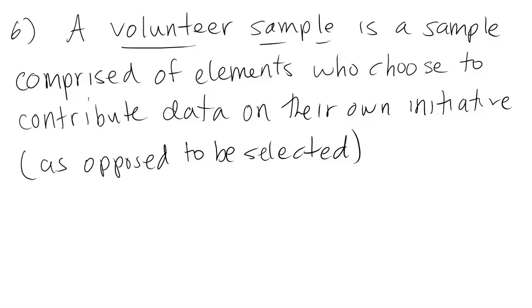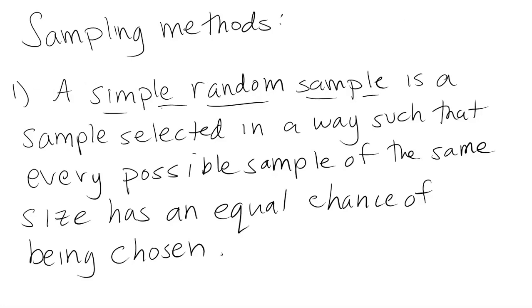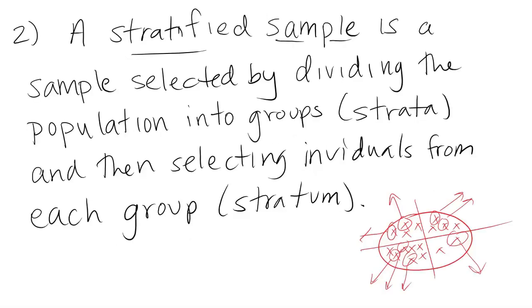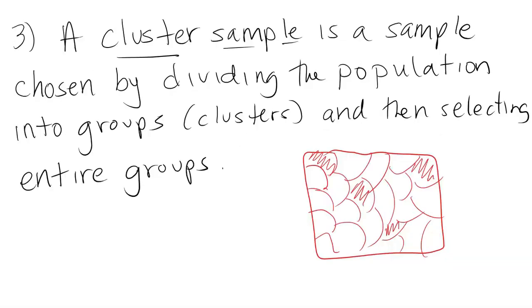Quick recap of our sampling methods, and then we're going to go through some examples. First, a simple random sample is a sample where each group has the same exact chance of being selected. A stratified sample is a sample where you break up the population and then take a few individuals from each of those subdivisions, from each stratum. A cluster sample is a sample where you divide up the population but then select entire clusters, entire groups.